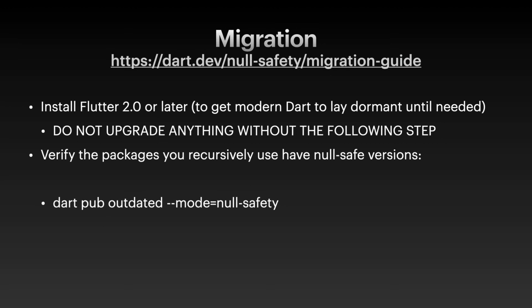And you do this by writing dart pub outdated --mode=null-safety. Okay? So that's the command to run. It will run through and look at all the dependencies and all they depend on and so on. If that comes out good, it'll give you a nice little book report at the end. If that comes out good, you're ready to go to the next step.